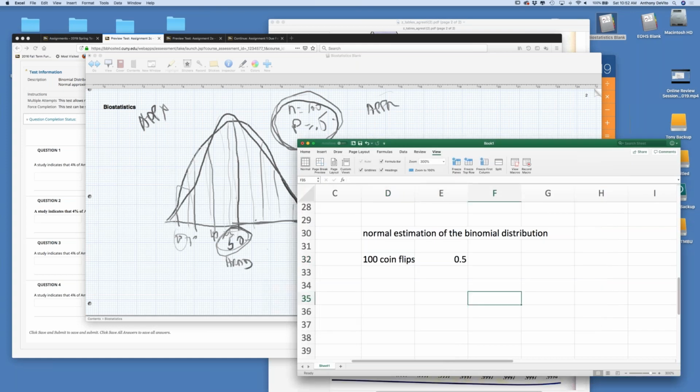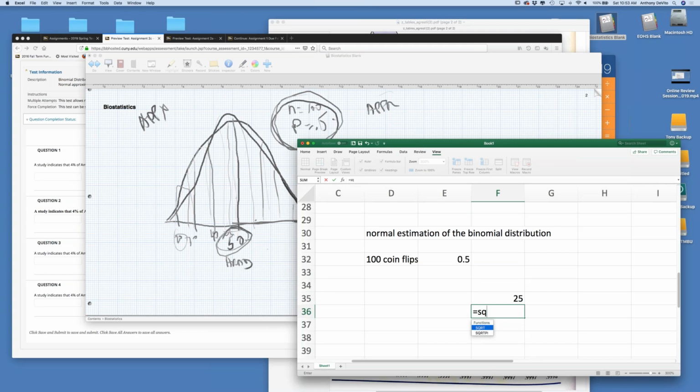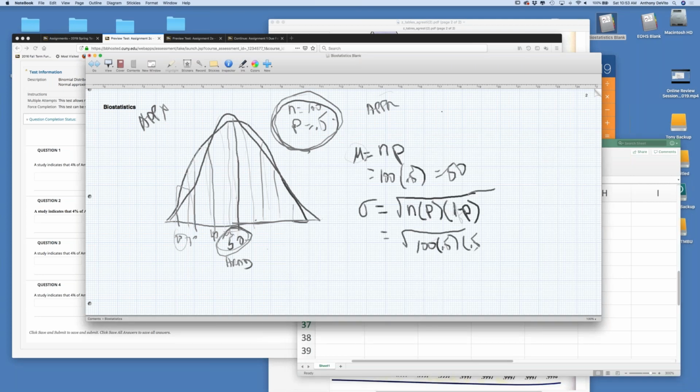So it's equal to 100 times 0.5 times 0.5, which is equal to 25, and the square root of 25, of course, is 5. So our standard deviation is equal to 5.